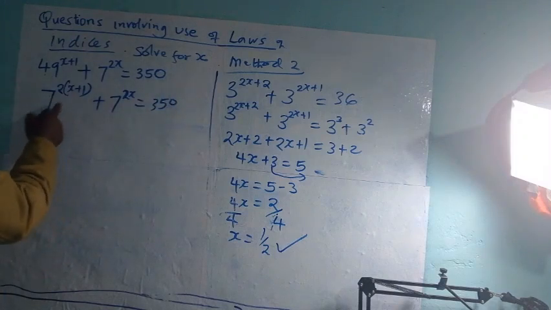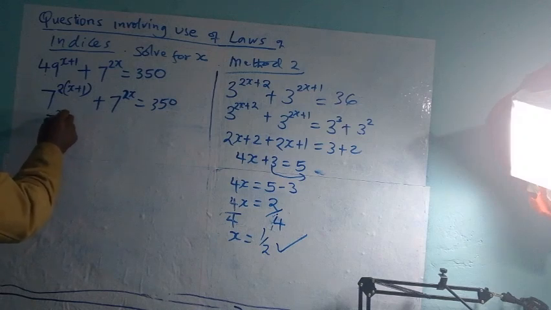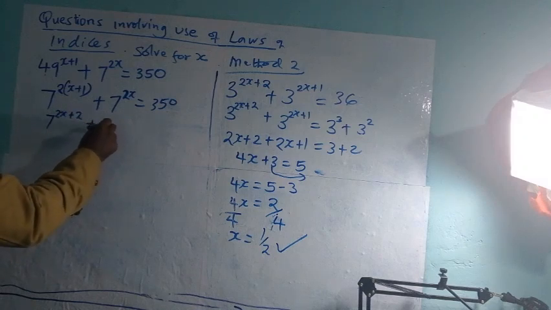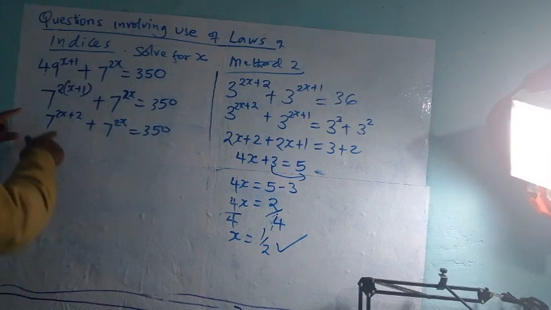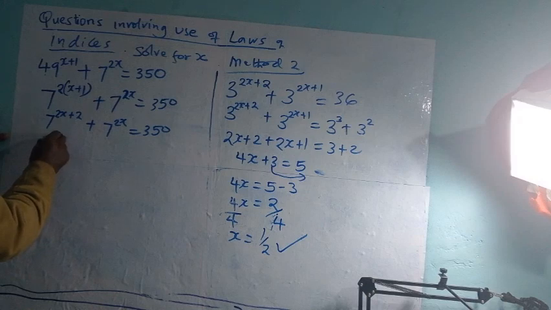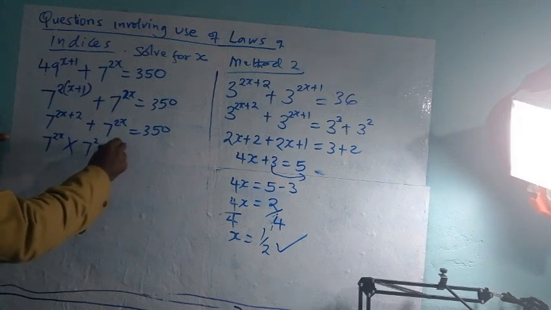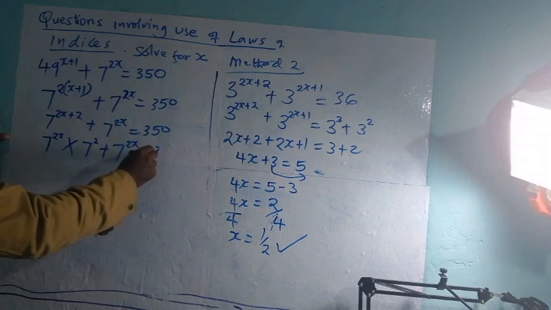So now deal with this. This is 2 times x plus 2 times 1, that is 7 raised to power 2x plus 2 plus 7 raised to power x equal to 350. Now this one is the same as 7 raised to power 2x times 7 raised to power 2 plus 7 to the x equal to 350.